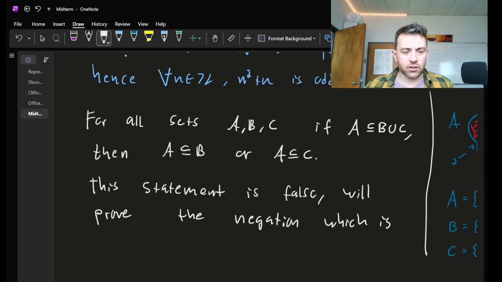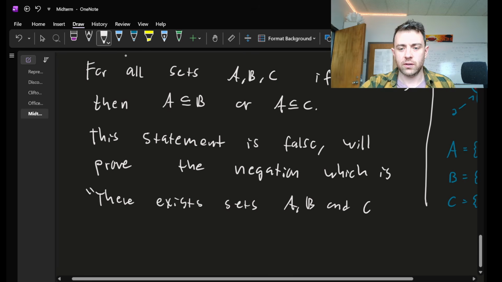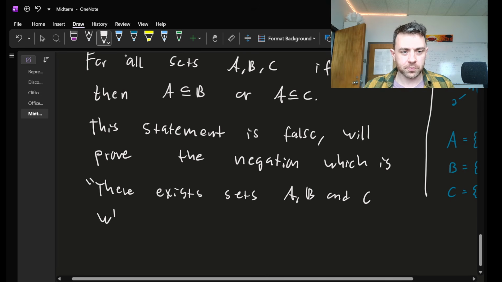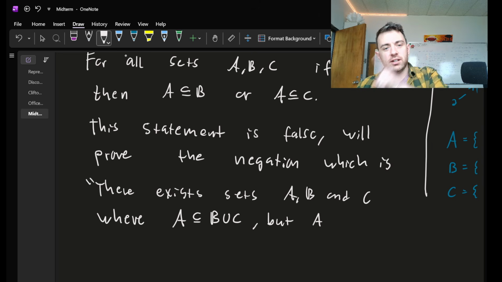what? The statement that there exist sets A, B, and C, where A is a subset of B union C, but, so we have to think about where we have to negate the other part, right?